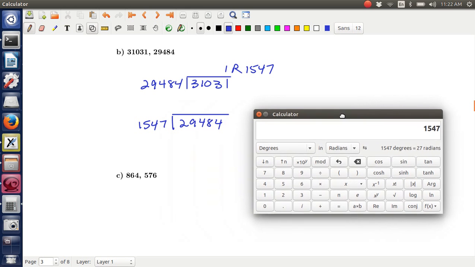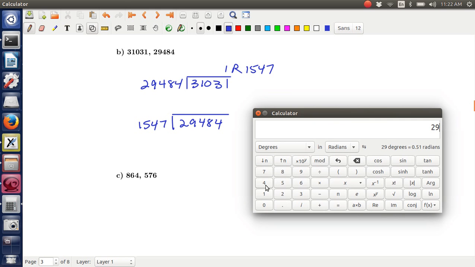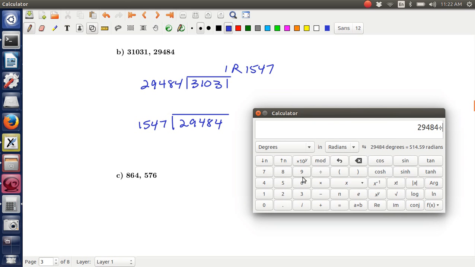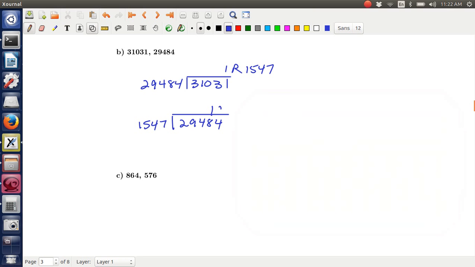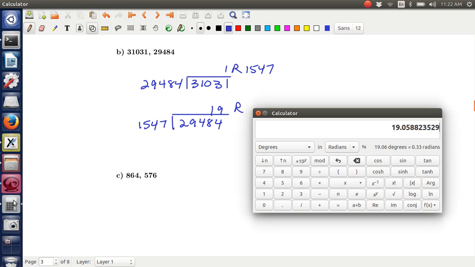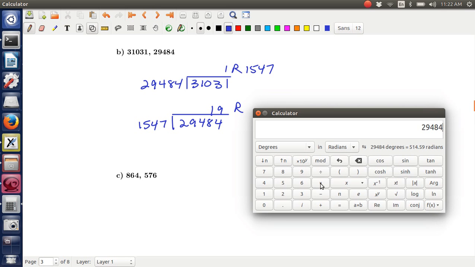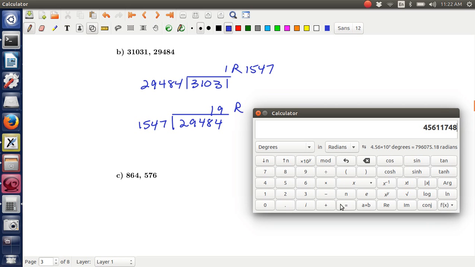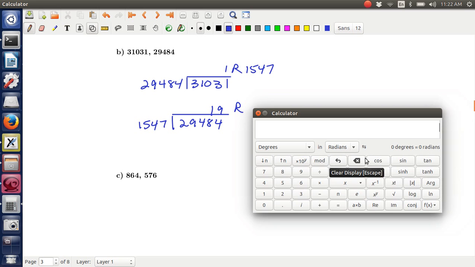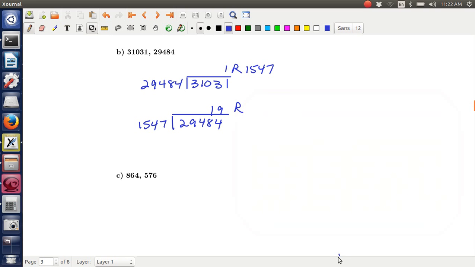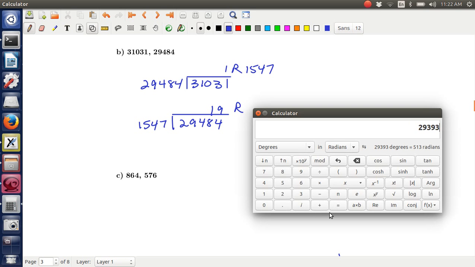Now we're going to have to do the full thing. 29484 divided by 1547 equals 19 remainder something. So what we want to do is figure out what that remainder is. 19 times 1547 equals 29393.